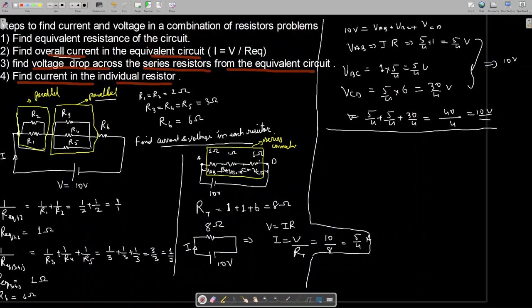Now consider this node AB. Here we have two resistors of 2 ohm and 2 ohm. Now we know that sum of current entering a junction is equal to sum of current leaving a junction.